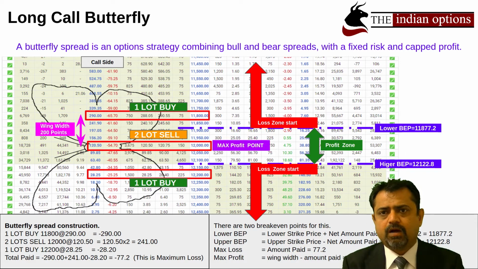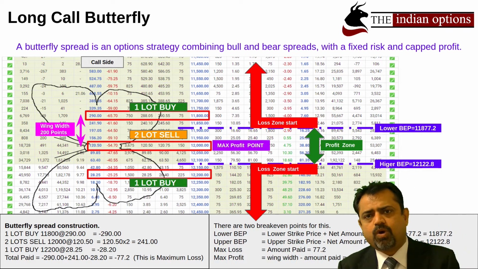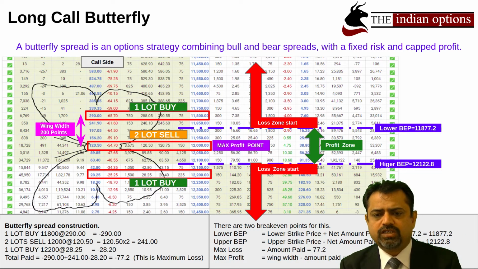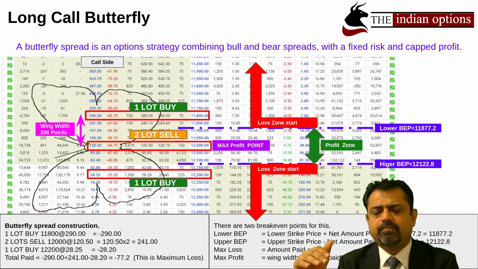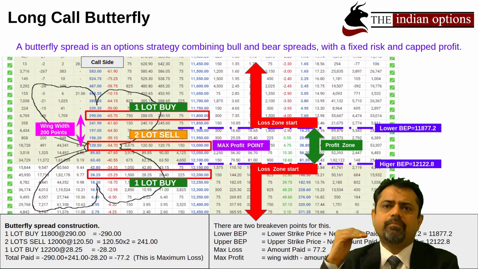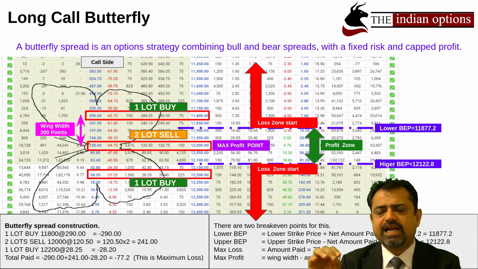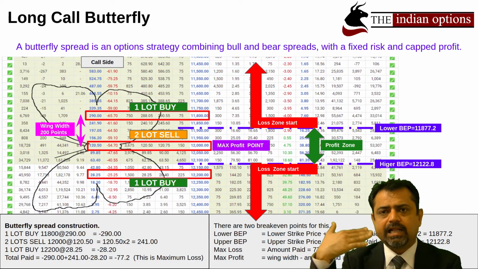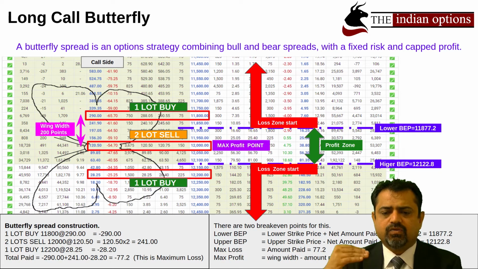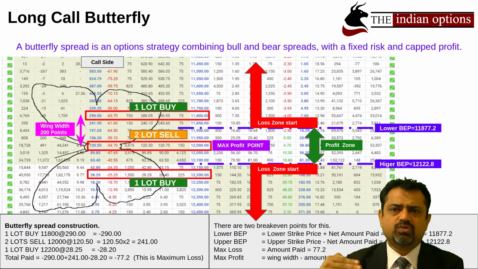Now in this, there are two break-even points actually. The lower break-even point is the lower strike price, 11,800, plus whatever money you have paid, that becomes 11,877.2. And the upper break-even point is based on your upper strike price, which is 12,200 here.